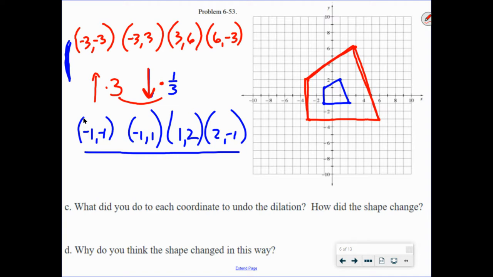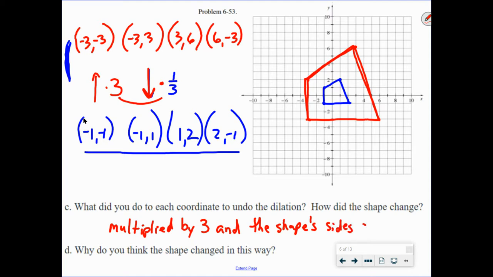So what did you do to each coordinate to undo the dilation? In this case, we multiplied by 3. How did the shape change? Actually, we're going to say the shape's sides, and we'll see why later.